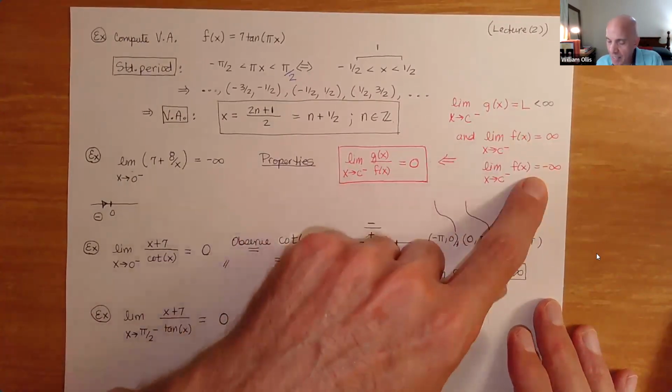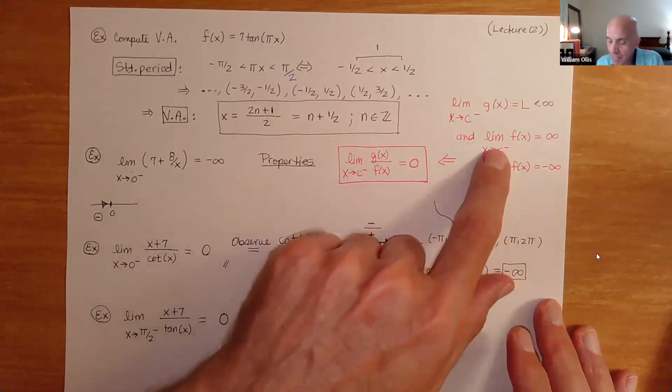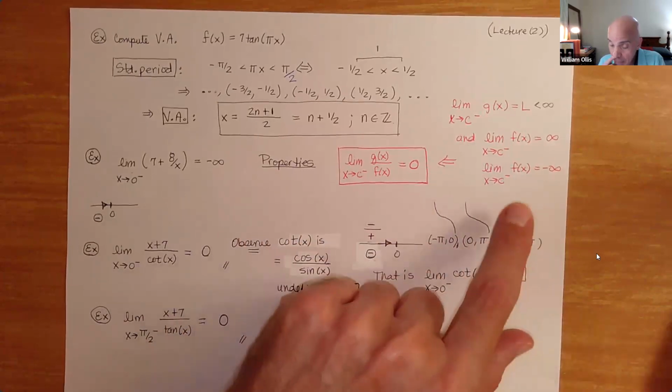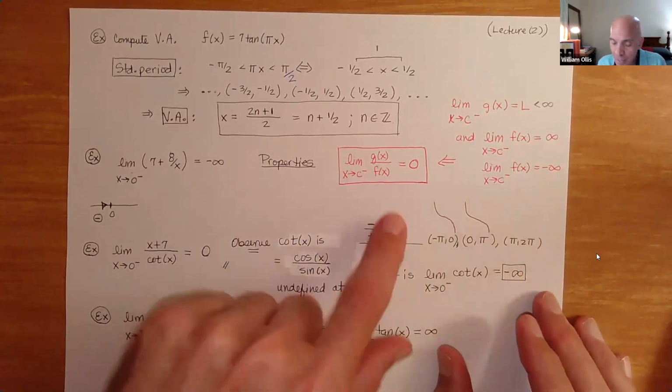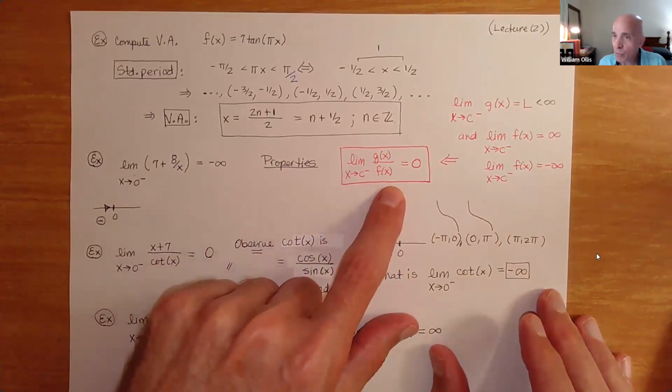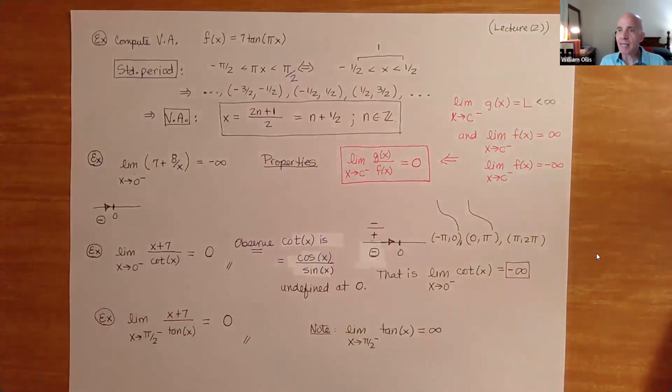I just wanted to give you an idea that the limit of f as x approaches c from the left is infinity, or it could be negative infinity. It doesn't matter. The value of the quotient as x approaches c from the left will now be 0. So the key is that if the denominator becomes unbounded, even in the positive or negative sense, and the numerator is well behaved and finite, then that quotient will converge to 0. Again, the intuition and the arithmetic are aligned, and it makes sense.